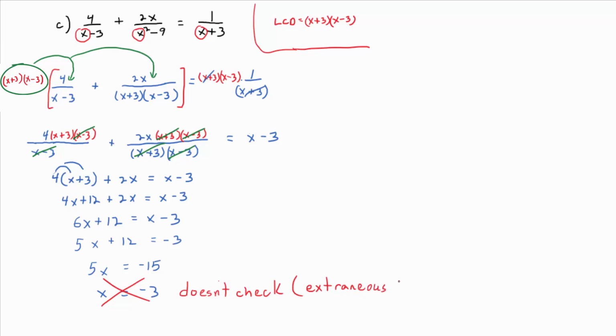And are there any other solutions to choose from here? No. So there's no solution to this thing. And for a lot of students, that depresses them because we did all this work and we get no solution. But no solution is an answer. There's no number x that would satisfy that equation. That's what we're saying.